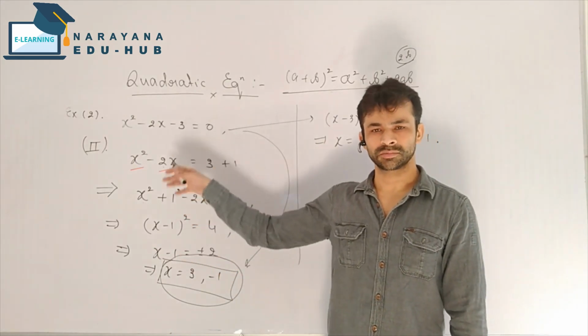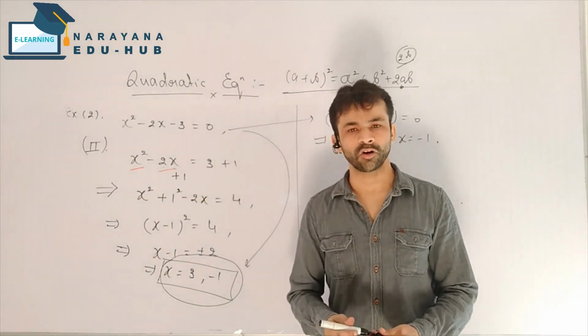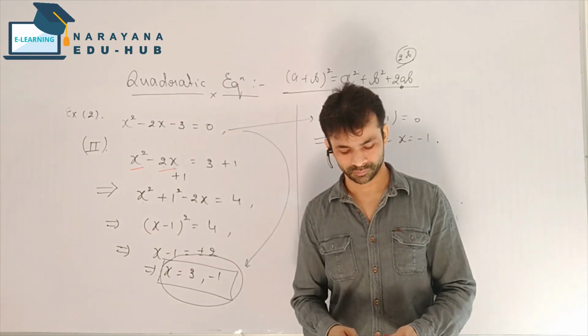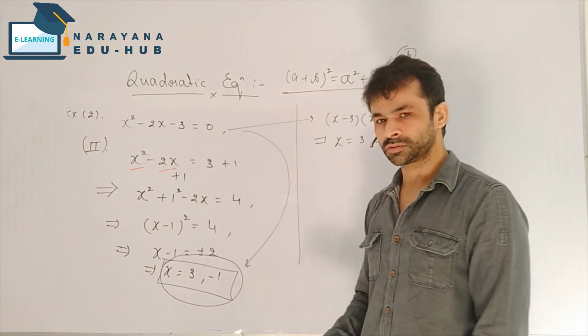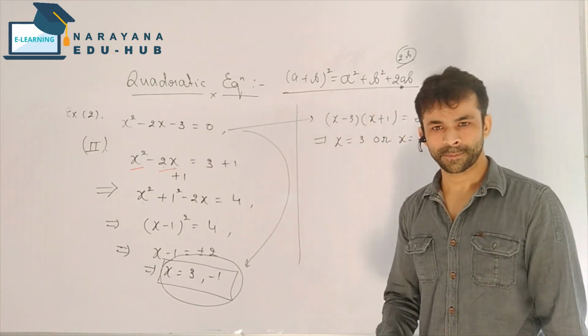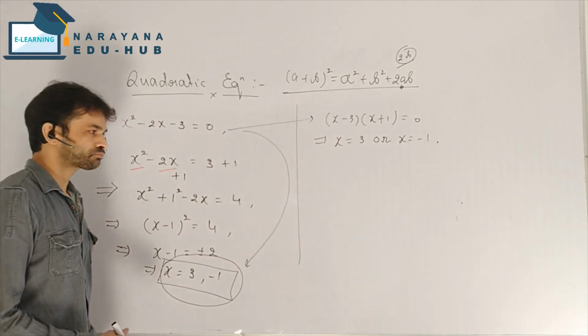Not the whole derivation every time; we will directly use the quadratic formula, the Sridharacharya formula. If you want to derive it, we can derive it right now. You want to derive? Okay, let's see the derivation of that.